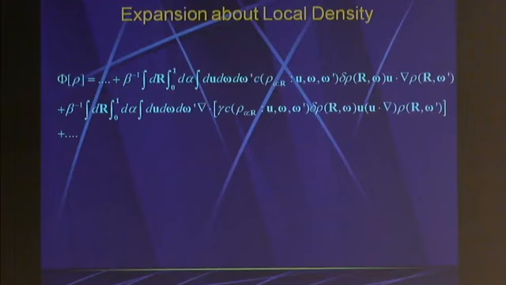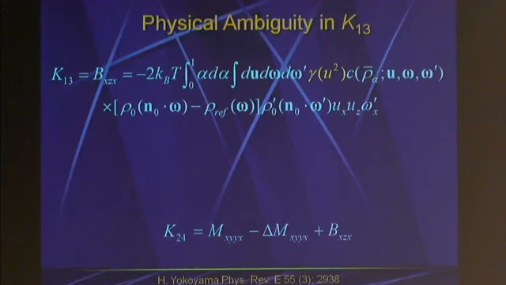And similarly, K24 is a combination of second order contribution, density correction, and first order contribution. So this term also involves gamma. Gamma is just a choice of how we reduce the two-point function into a single density function.